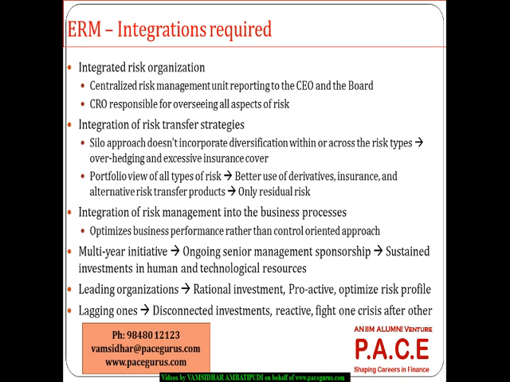Now, whenever any organization is planning to come out with an enterprise risk management framework, a few integrations across the organization are required. The overall organization should become an integrated risk organization, which means there should be a centralized risk management unit. So there should be a department at head office level, which is the centralized risk management unit, which would be reporting to the CEO as well as to the board.